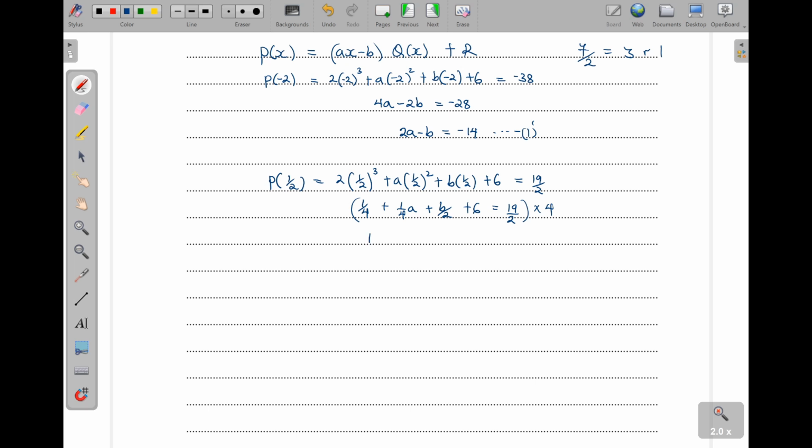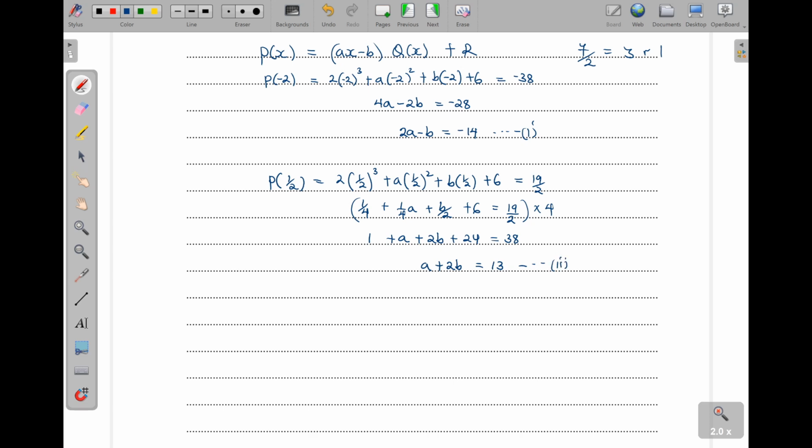So here we shall get a 1, here we shall get A, then here 2B, then here 24. Remember, we are multiplying all through by 4. This one will give us a 2 there, then 2 times 19, that is 38. So meaning A plus 2B shall give us, this is 1 plus 24, that is 25. When it comes this side and I subtract, this one will give me 13, okay? So we shall have 13 here. This is equation number 2.